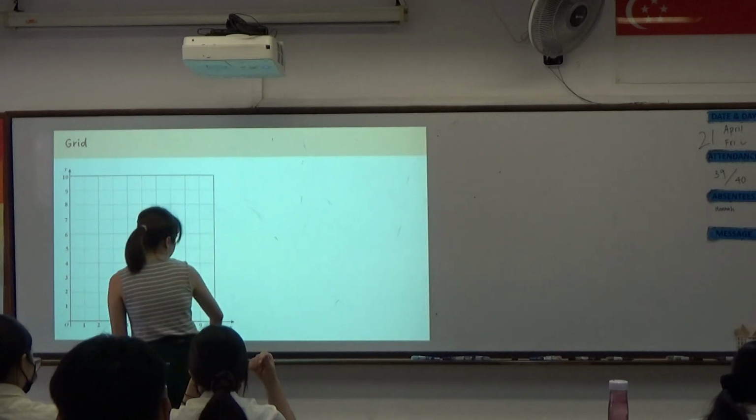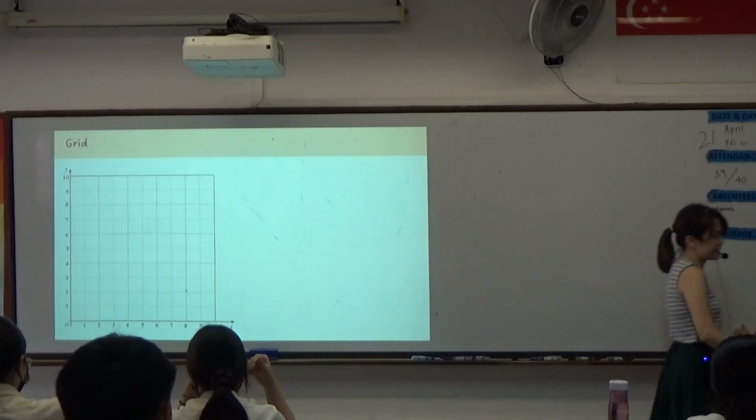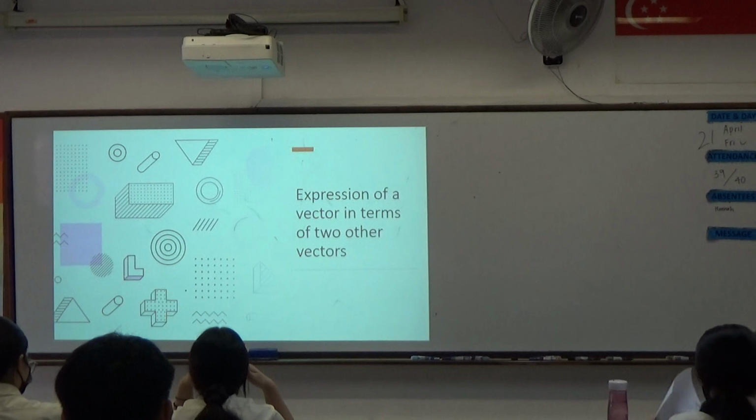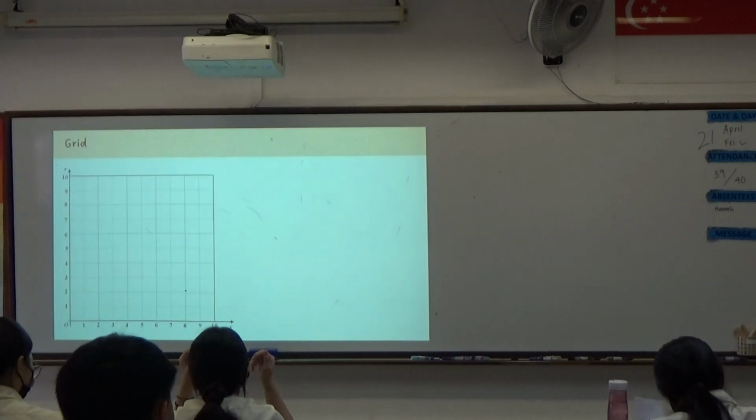So what section 5.5 is trying to say about expressing a vector in terms of two other vectors is this.